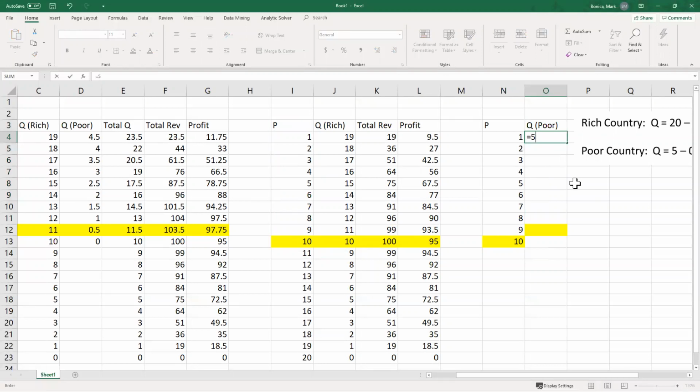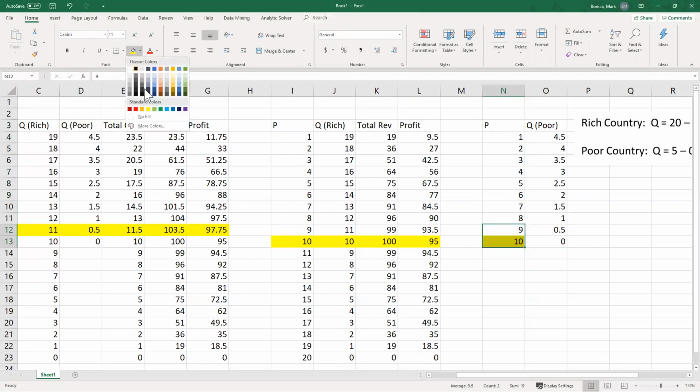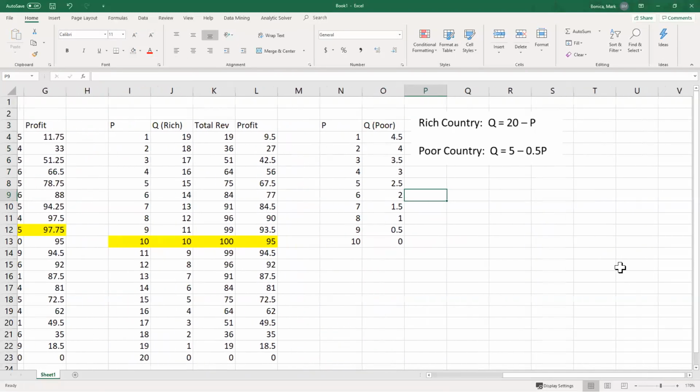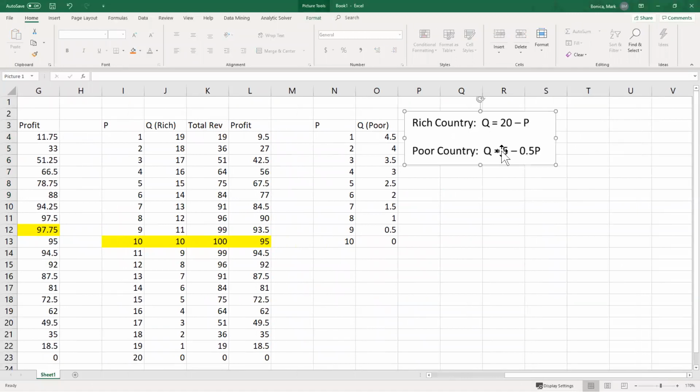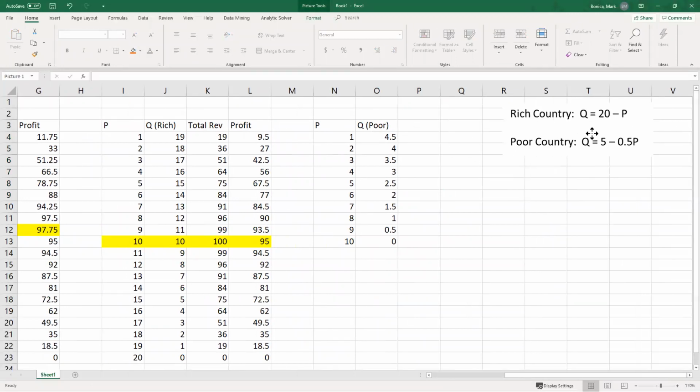Poor country is 5 minus 0.5 times the price. And so copy that down, right? And clear our fill. There we go. Give us a little more space.